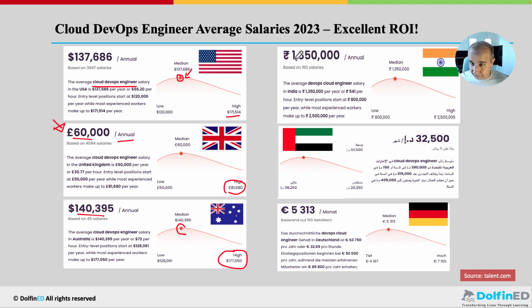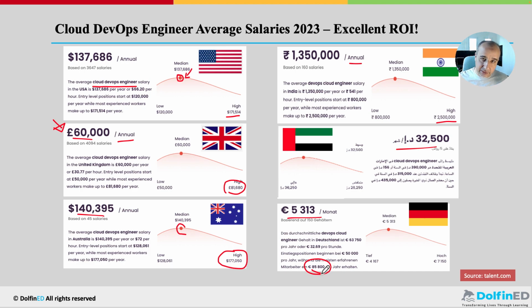India, you have huge income potential, with an average of 1.35 million annually, and it can go up to 2.5 million rupees. And in UAE, representing the Gulf countries, it's still a high income that is being paid. And in Germany, it can go up all the way to 80-something thousand euros.